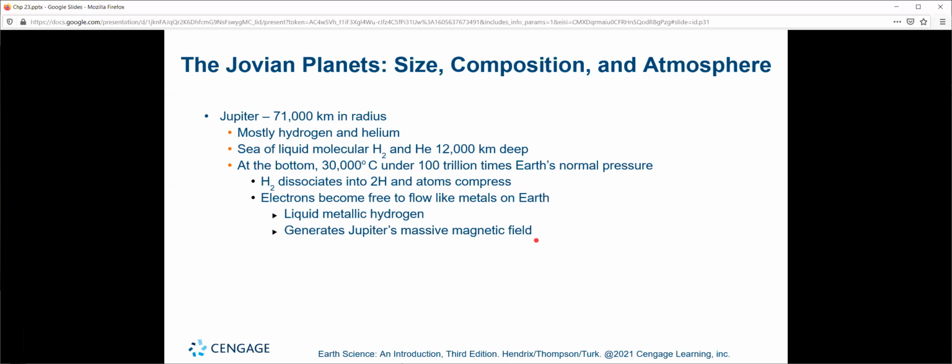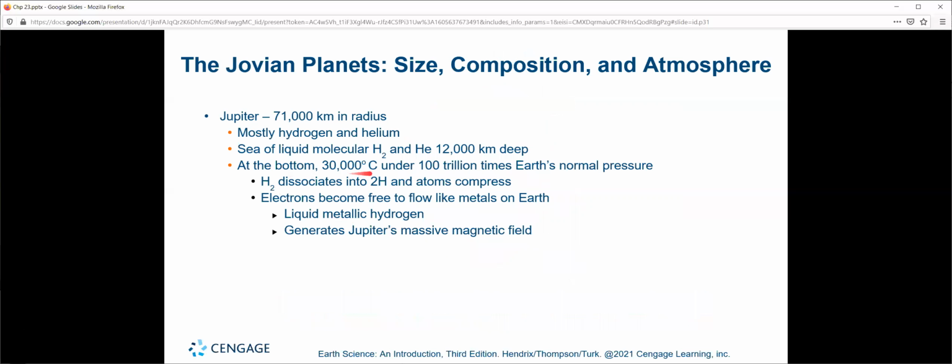This is theoretical, of course. No one's actually been to Jupiter to see this happening, but picturing liquid metallic hydrogen flowing around at 30,000 degrees Celsius is fascinating.